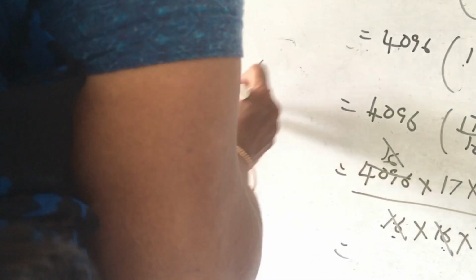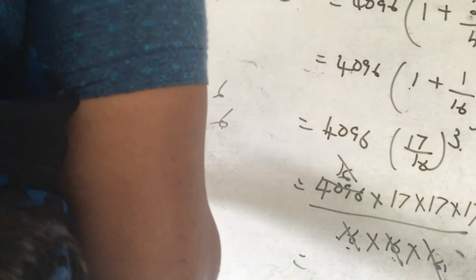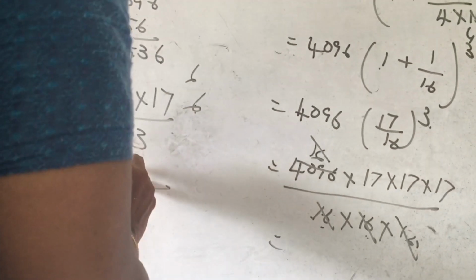So 9 7s are 63, 56 plus 2, 62, 20, 1, 9.